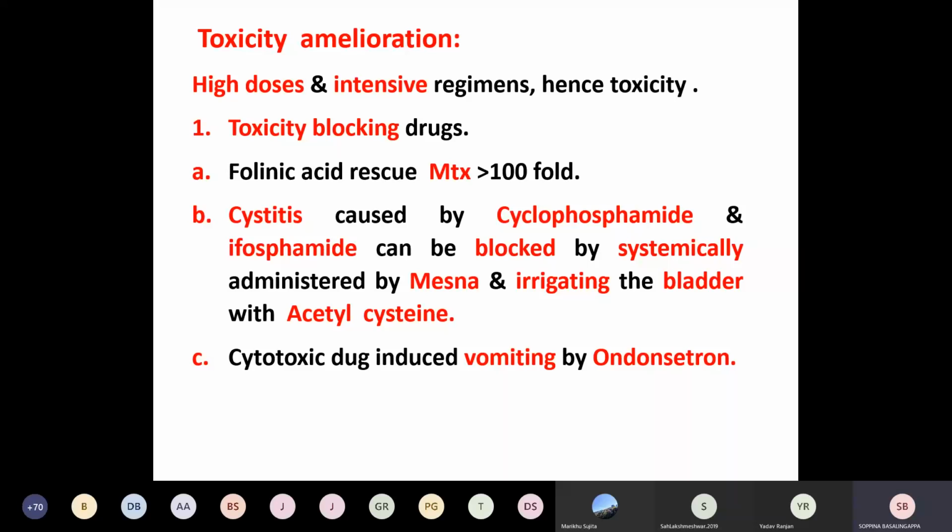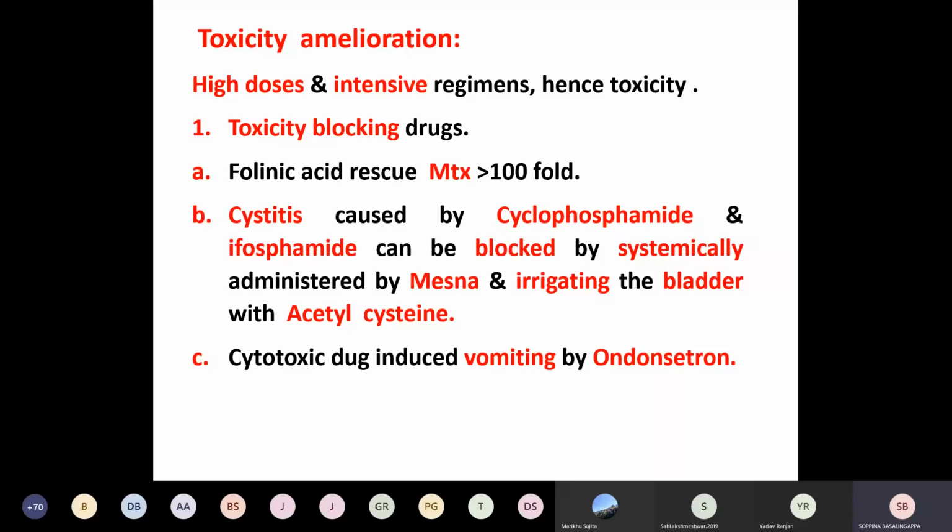So how to minimize these toxicities? You can minimize them by giving, number one, toxicity blocking drugs, drugs which can prevent this toxicity. For example, methotrexate. Its mechanism of action is that it reduces folic acid synthesis.